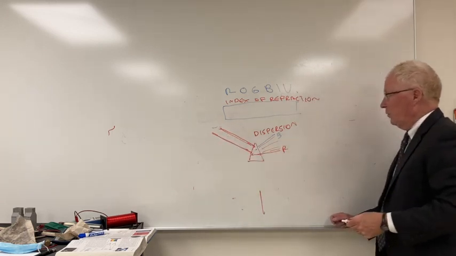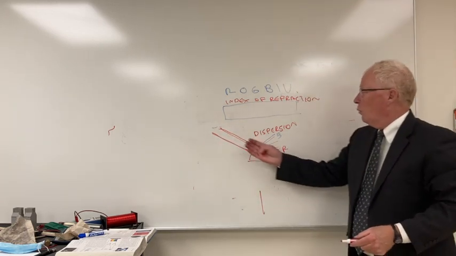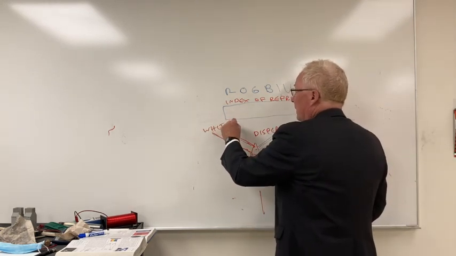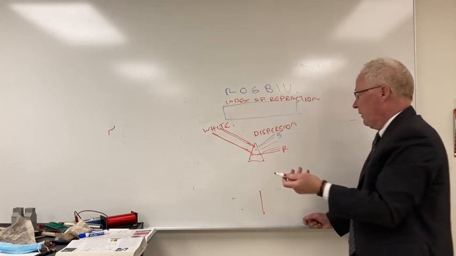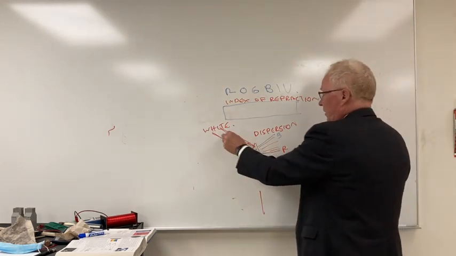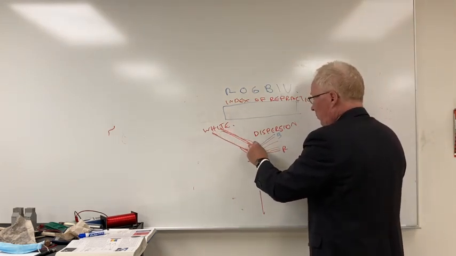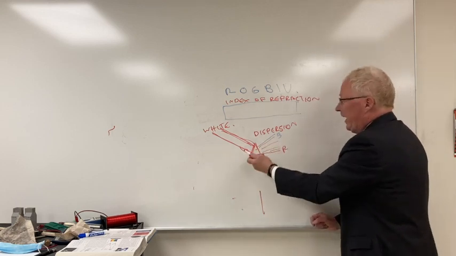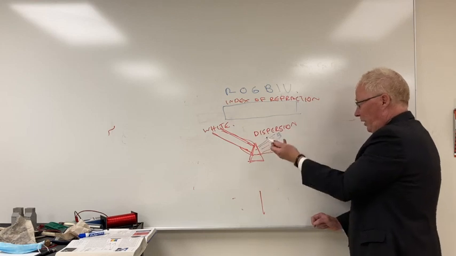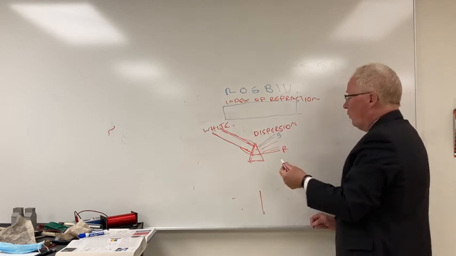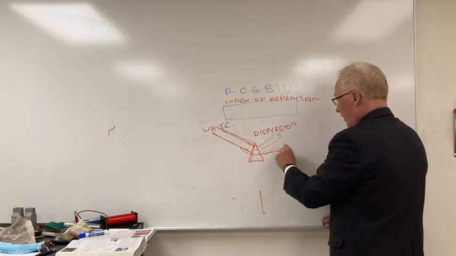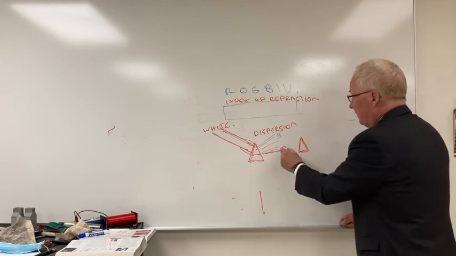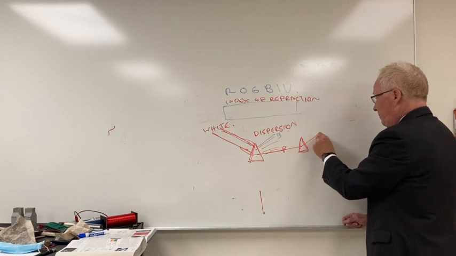Now, it's Isaac Newton who proved that white light is actually composed of all the colors of the rainbow, because they thought when they shined white light through a prism, it was something in the glass itself that changed it so that it broke it up into the rainbow. Well, what he did is take the red light and pass it through another prism, and all it did was bend the red light.